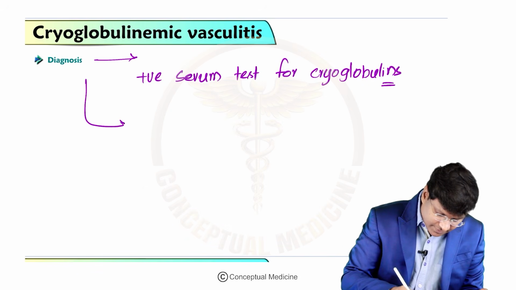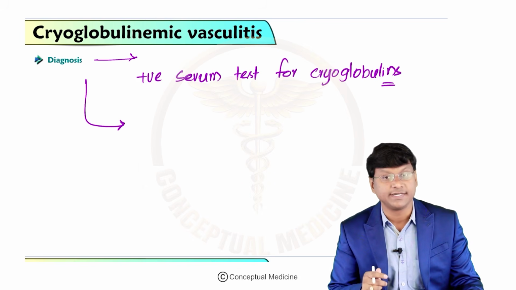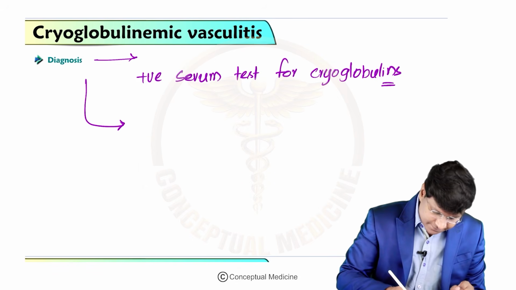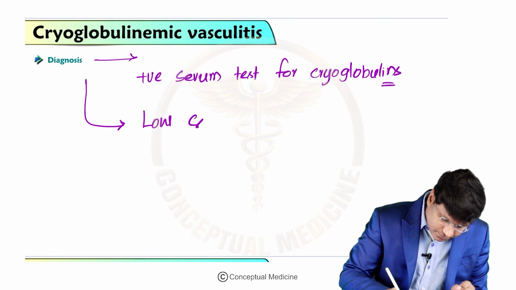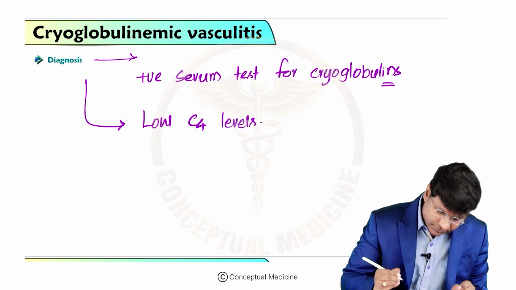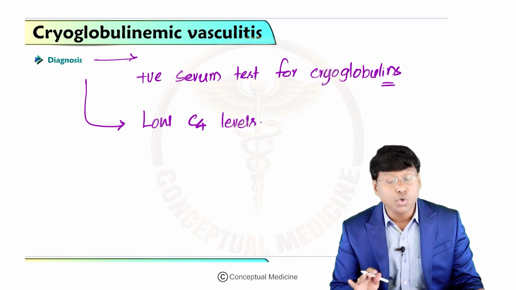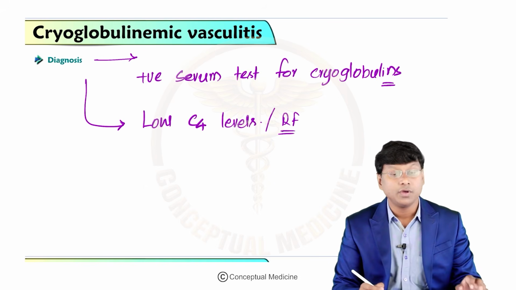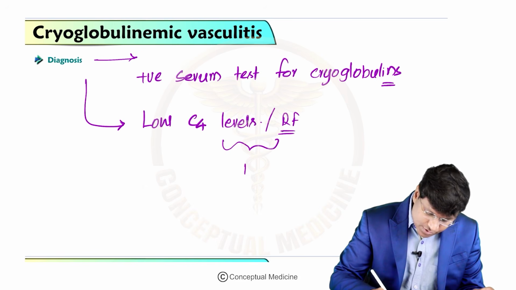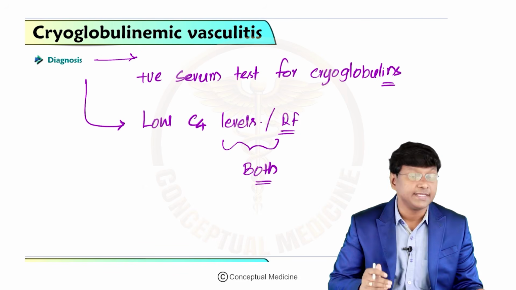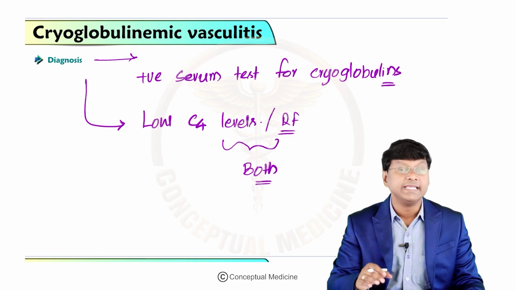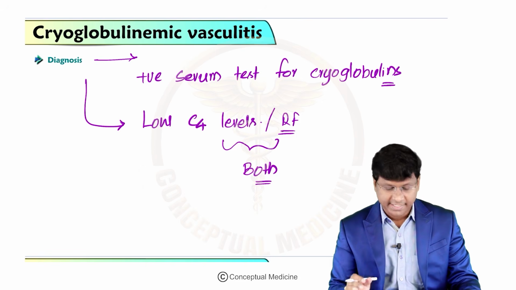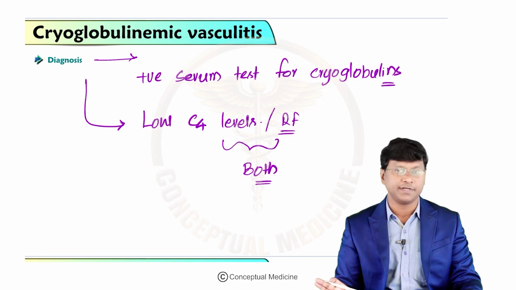Not only that, in the diagnosis of cryoglobulinemic vasculitis, the presence of disproportionately low C4 levels or rheumatoid factor, or even the presence of both, can be a diagnostic clue to the presence of cryoglobulinemia.